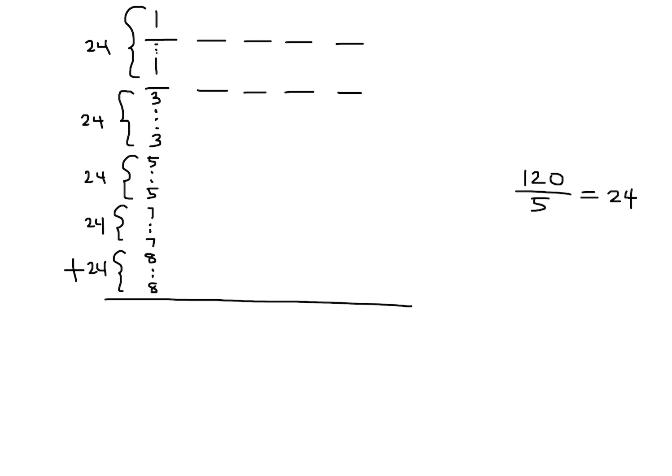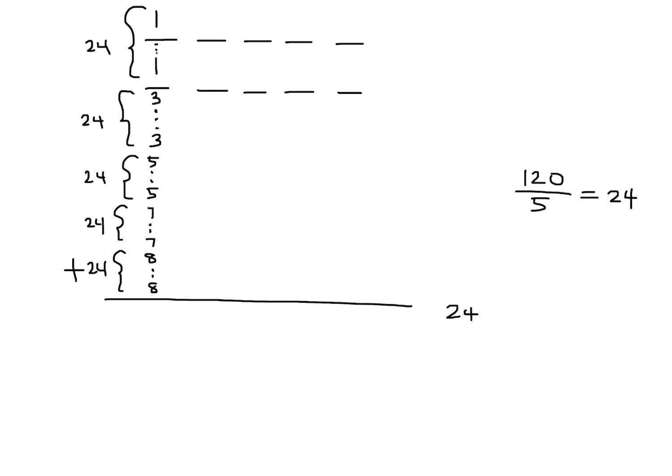Now each of these columns, it's exactly the same story. The 1 would appear 24 times, 3 would appear 24 times in this column, and the same in this column, and so on. So each of these, when you add it up, will have the exact same sum. So let's first figure out that sum.